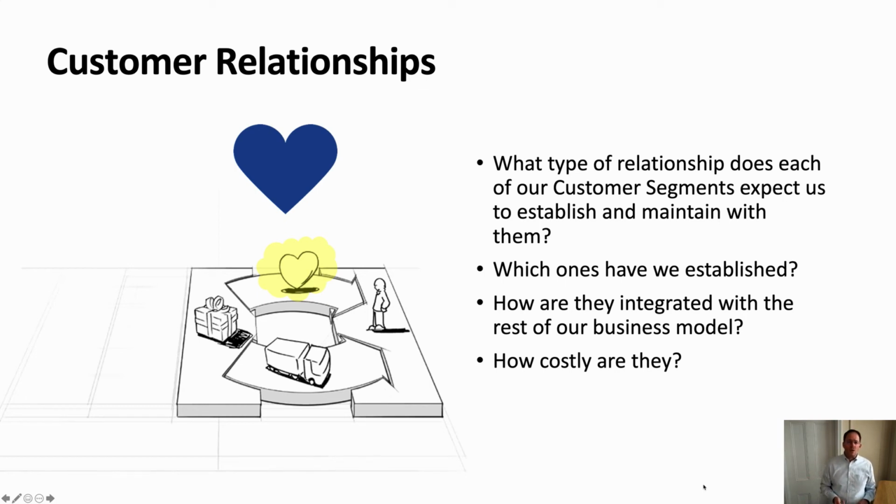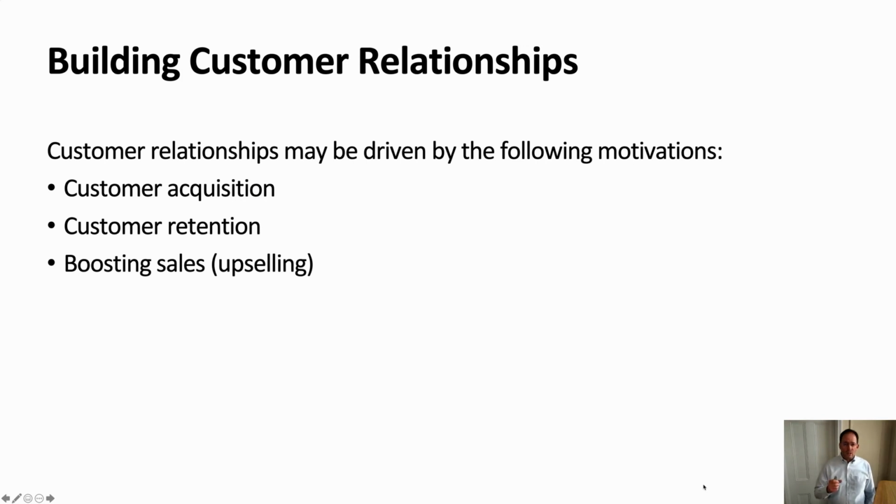So think about your customer relationships. What do you need to do? But you might consider this as well, that those customer relationships may be an opportunity for you. Think about customer acquisition, how you acquire customers.